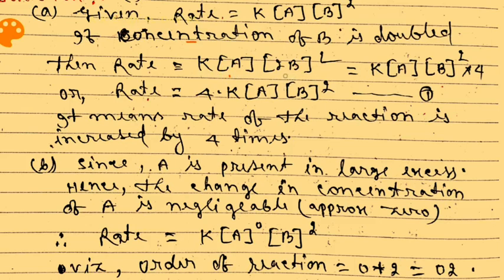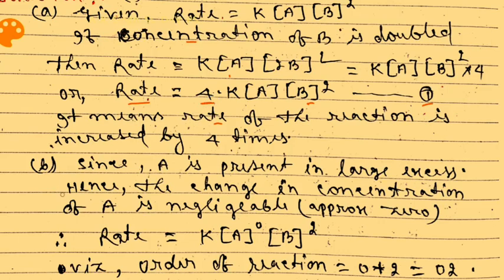It will be K into concentration of A into concentration of B square into 4, or rate is equal to 4 into K into concentration of A into concentration of B square. This is equation number 1. What does it mean? It means rate of reaction is increased by 4 times.